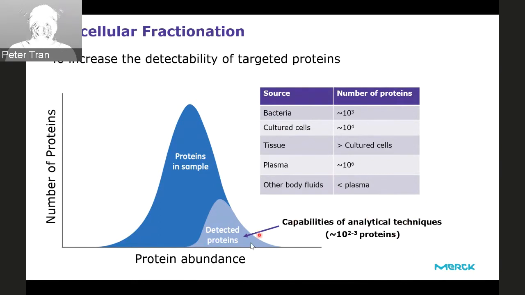And they only detect the highest abundance proteins. But in your sample, there are also very low abundance proteins as well. So basically, the highly abundant proteins just mask the low abundance proteins, and you can't detect them if you analyze the whole cells, like I said. So that's the reason why we want to do fractionation, just to increase the detectability of the target protein.